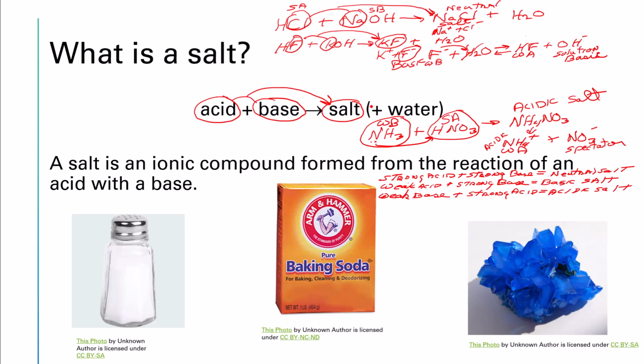And we use the example here of ammonia, NH3, plus nitric acid, making ammonium nitrate. And again, if you see ammonium cation in your salt, you're thinking acidic salt. It's kind of a clue. So just try and notice that. All right. We'll do some examples in the next video.